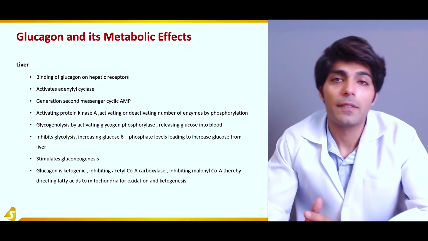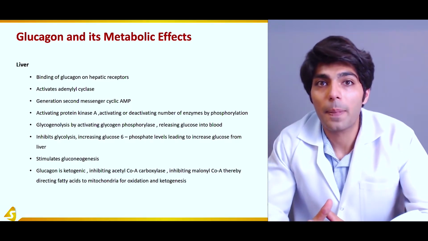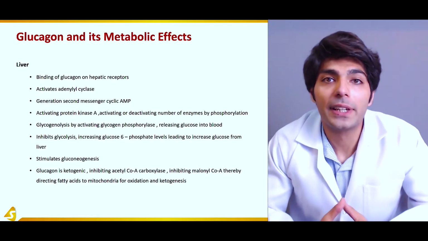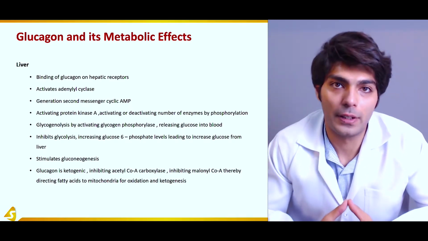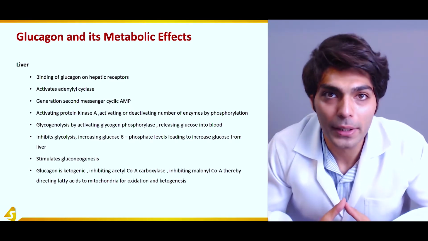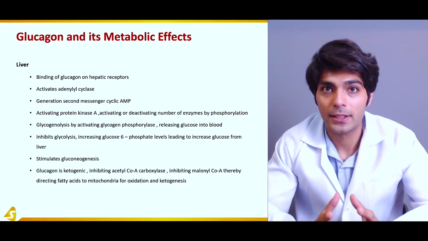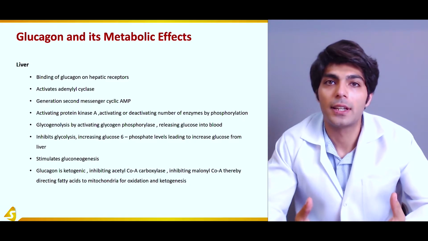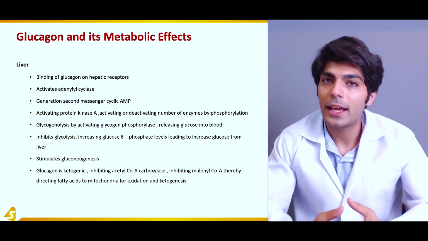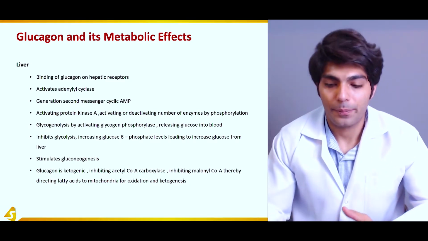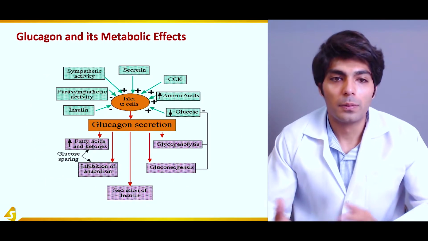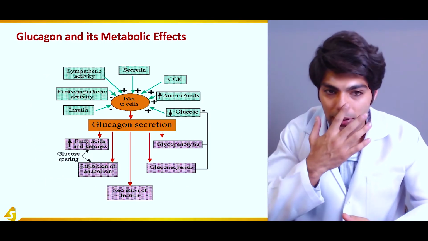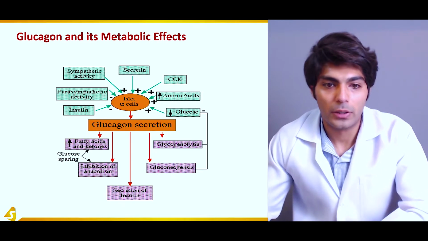In insulin, it inhibited the mobilization of the fatty acid, and it inhibited the oxidation of fatty acids. While in the mitochondria, the fatty acids are directly oxidized to ketone bodies, so it has ketogenic effects. So these are the metabolic effects we're going to see about the glucagon.